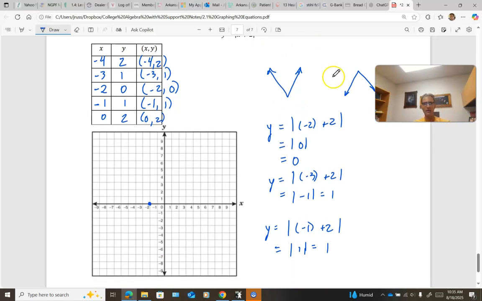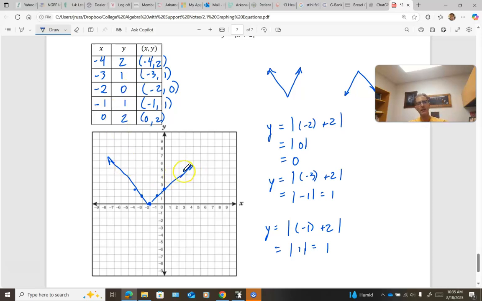These functions are symmetric about that center point. Okay. All right, so if I were to plot all these points, -4, 2, go to the left 4, up 2, go to the left 3, up 1, go to the left 1, up 1, stay at 0, and then go up 2. What does that look like? Well, it sort of looks like a parabola, but it's not. It's actually two straight lines converging at that center point, like that, okay?